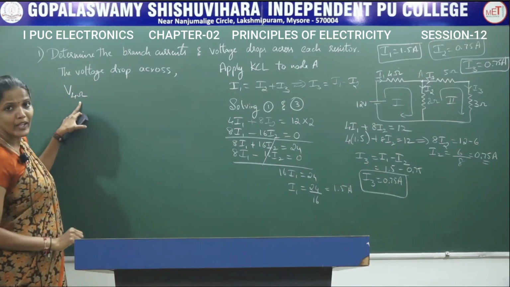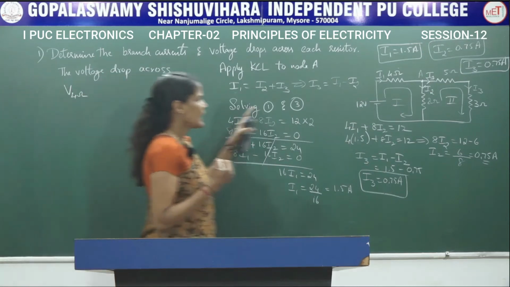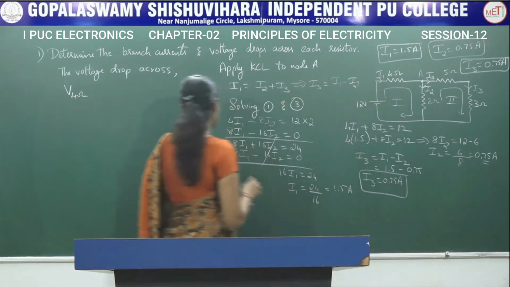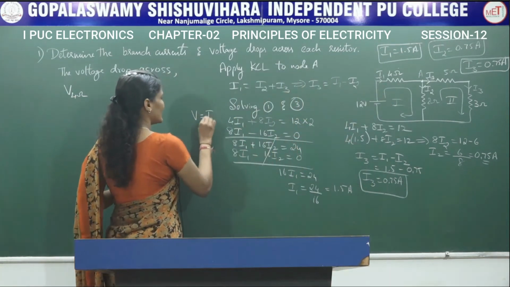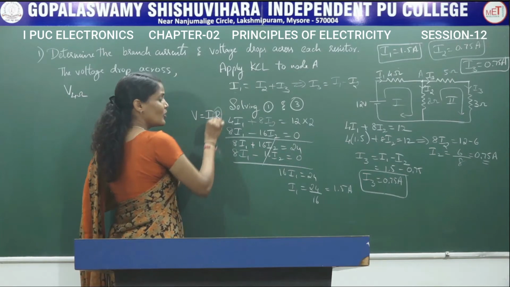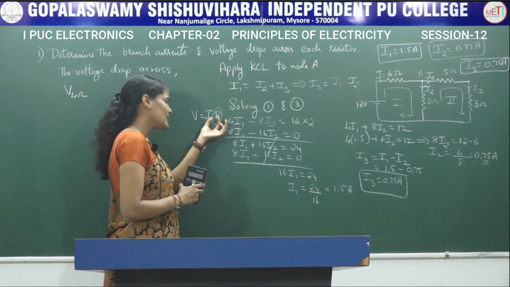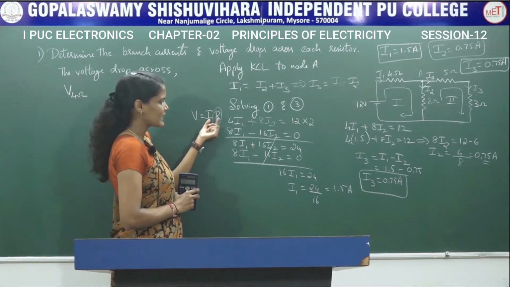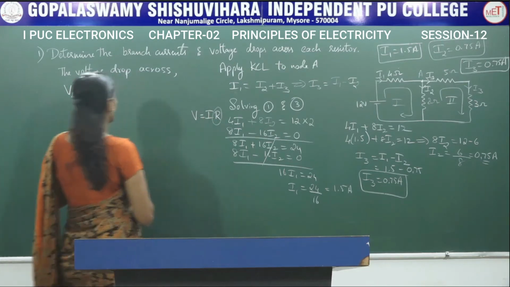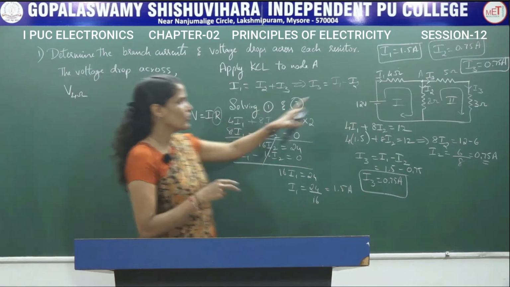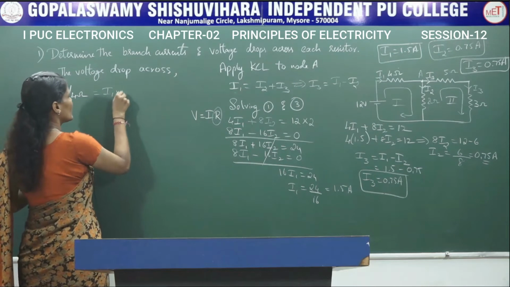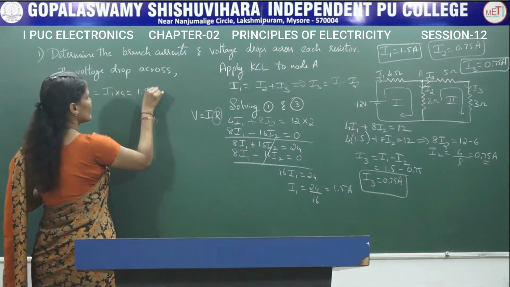The voltage drop across 4 ohms, and the current flowing through 4 ohms is I1. So, we have this basic relation V is equal to I into R. So, in order to find the voltage drop across any resistor, you have to consider the current flowing through that resistor into that resistance value. So, the voltage drop across 4 ohm is equal to I1 into 4, where I1 value is 1.5.